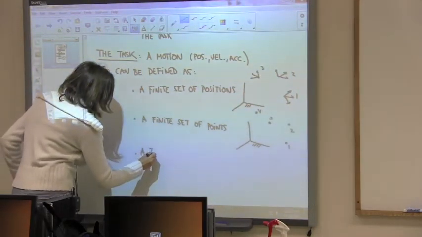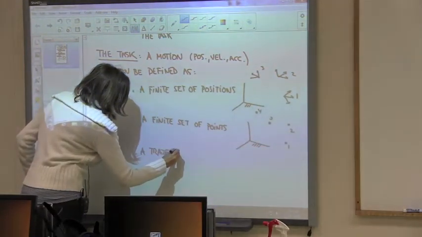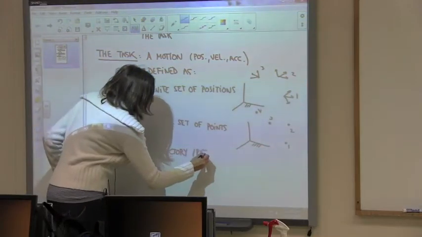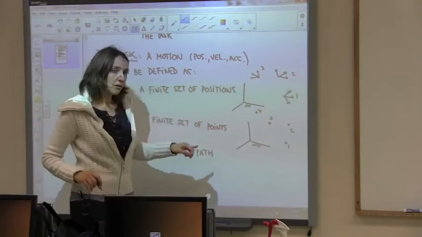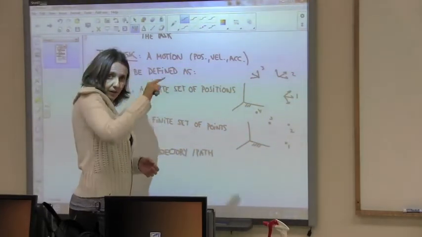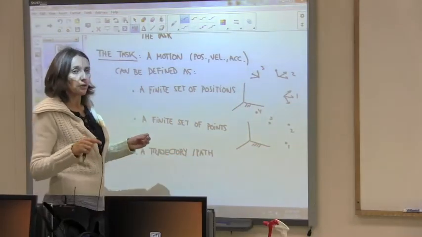A trajectory or path. Usually we distinguish between path and trajectory. We call it a path when we don't care about the time. It's just a geometrical curve in space. Trajectory, we call it when we care about the time.